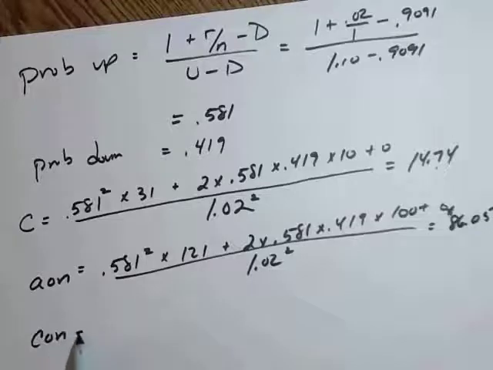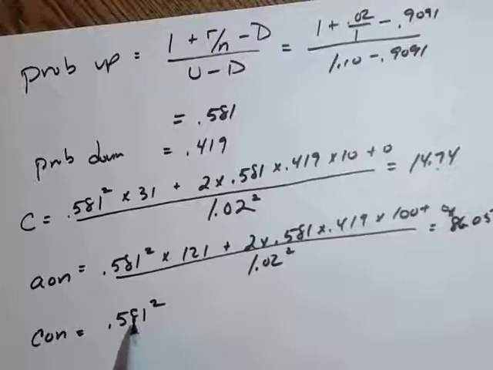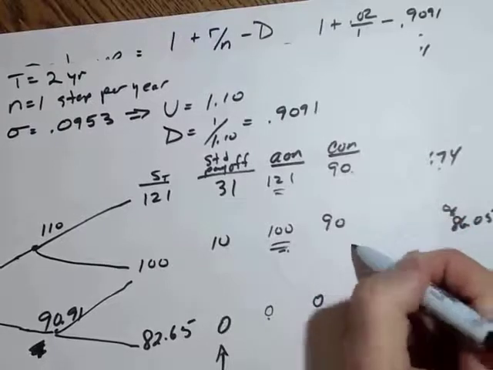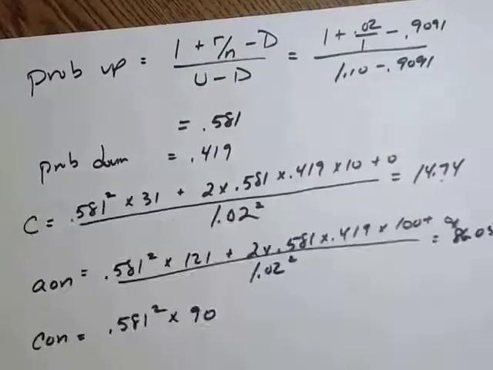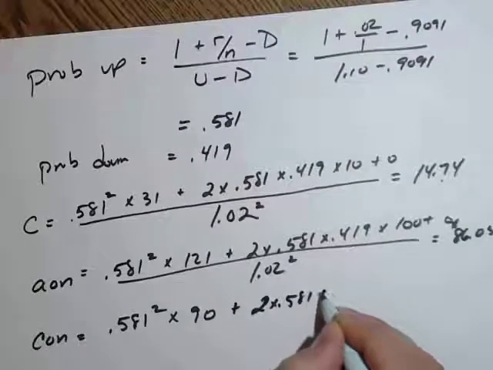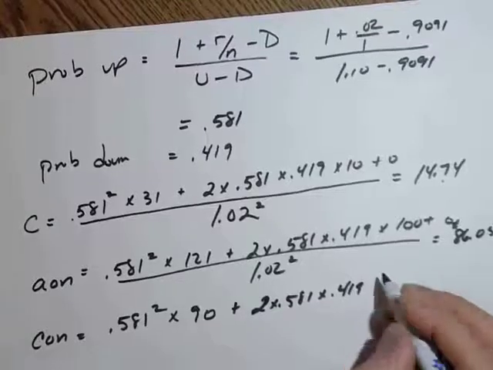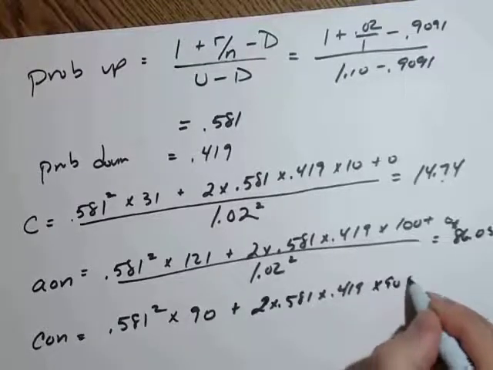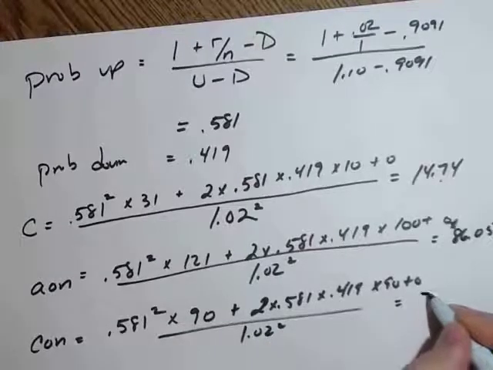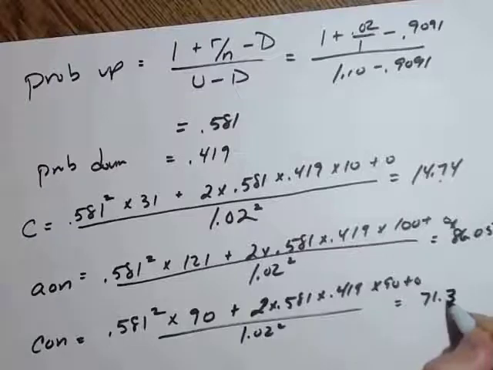Cash or nothing is going to be, on following the up node, 0.581 squared times the 90. So here I'm going to discount this guy and this guy and this guy back. And again, it's 2 times 0.581 times 0.419 times 90 plus 0. Discount the whole thing back 2 periods at 2%, 71.31.